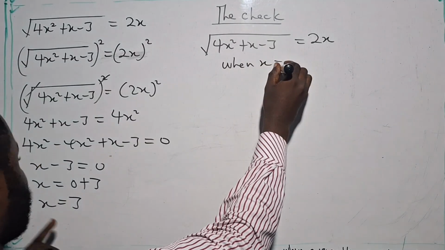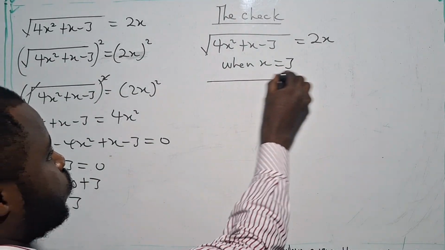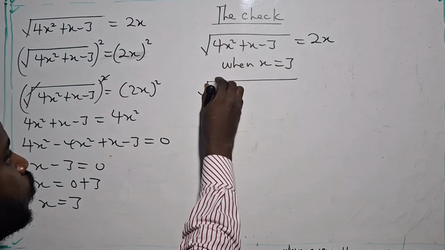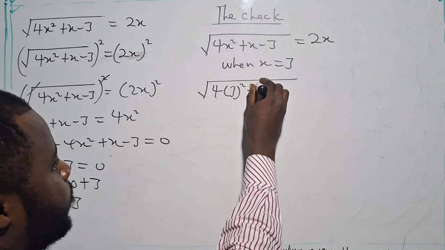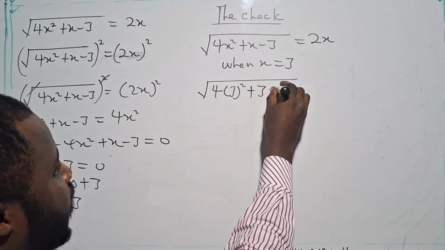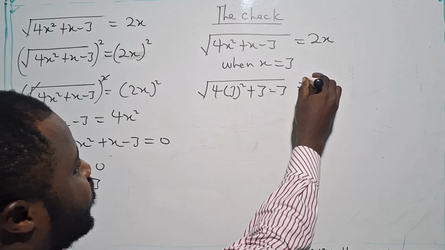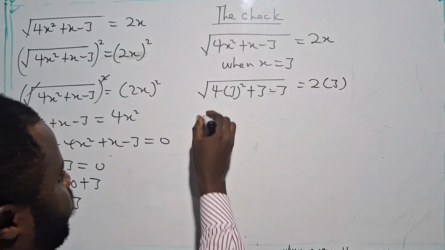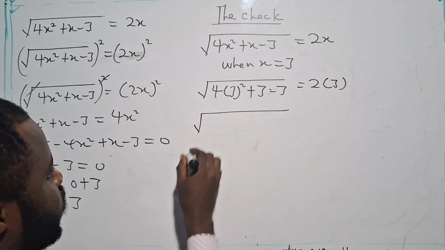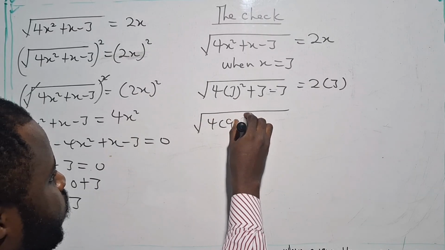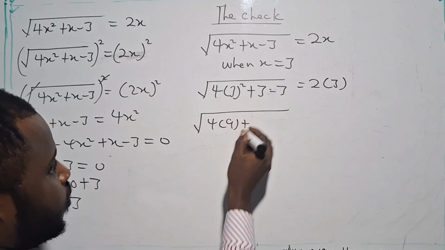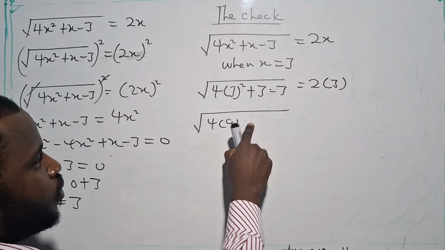So when x is equal to 3, so 4 times 3 squared plus 3 minus 3 is equal to 2 times 3. Follow closely. So here I have 4 times 9 plus 3 minus 3.